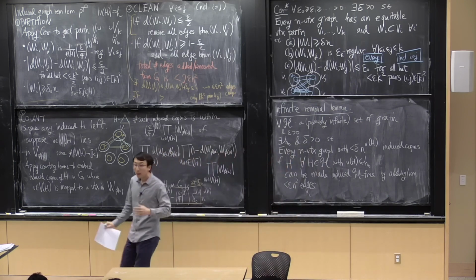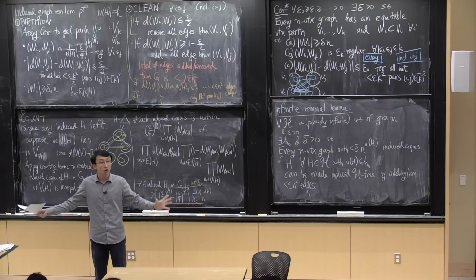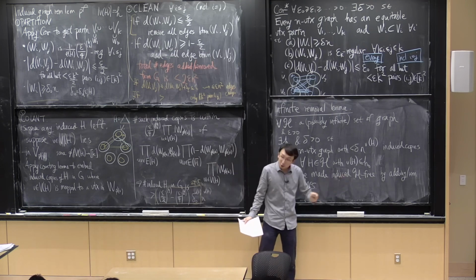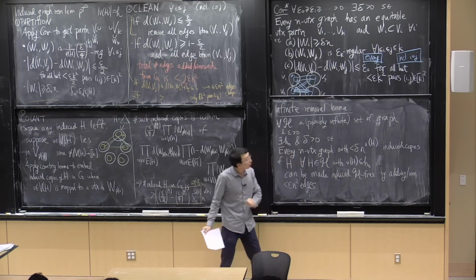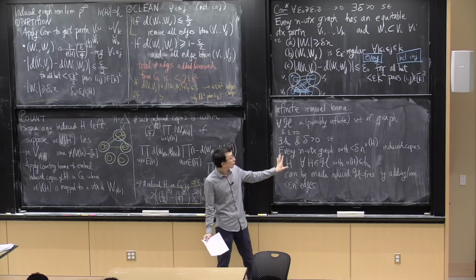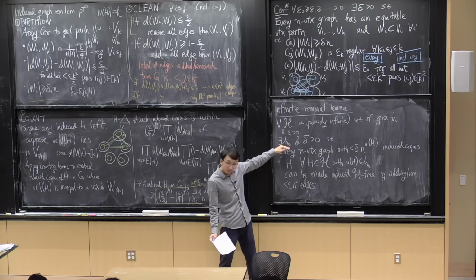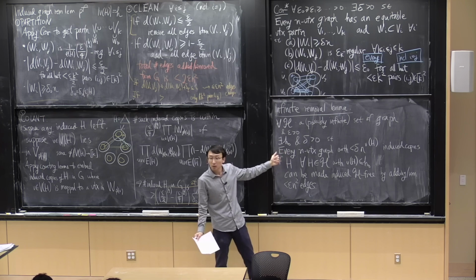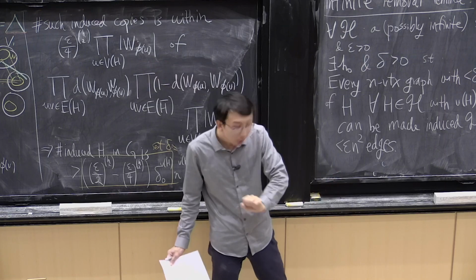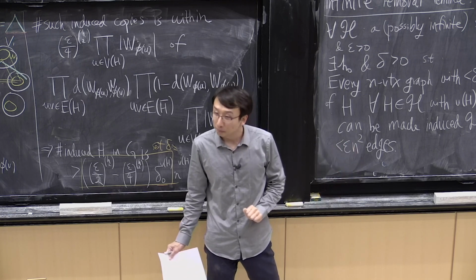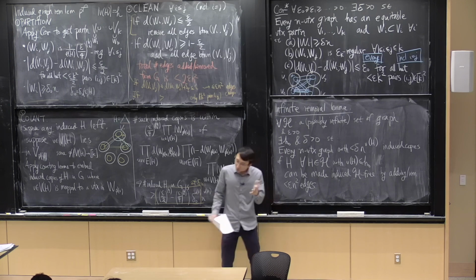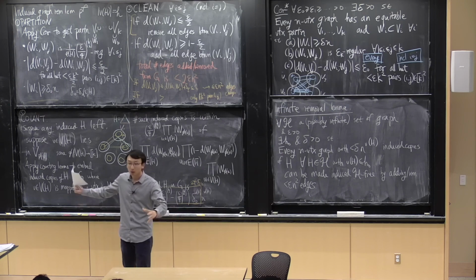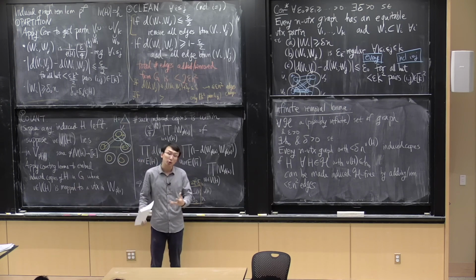Okay, so now instead of a single pattern, you have a possibly infinite set of induced patterns, and I want to make your graph induced curly H-free. And the theorem is that if there exists some finite bound H naught such that you have few copies for all the patterns up to that point, then you can do what you need to do. It takes some time to even digest this statement, but it's the correct infinite version of the removal lemma if you have infinitely many patterns that you need to remove.